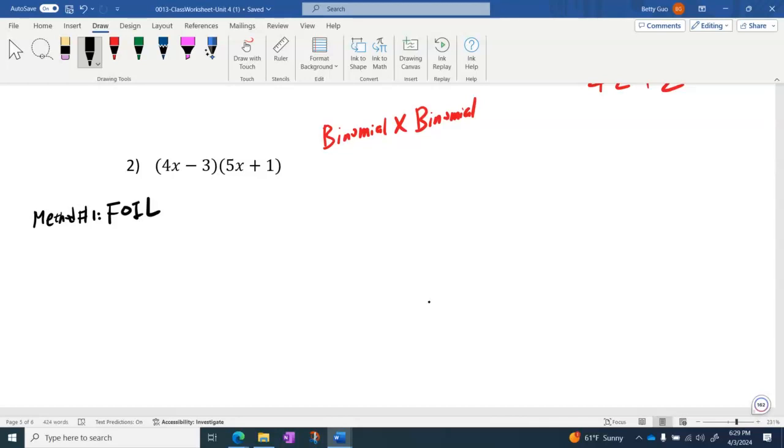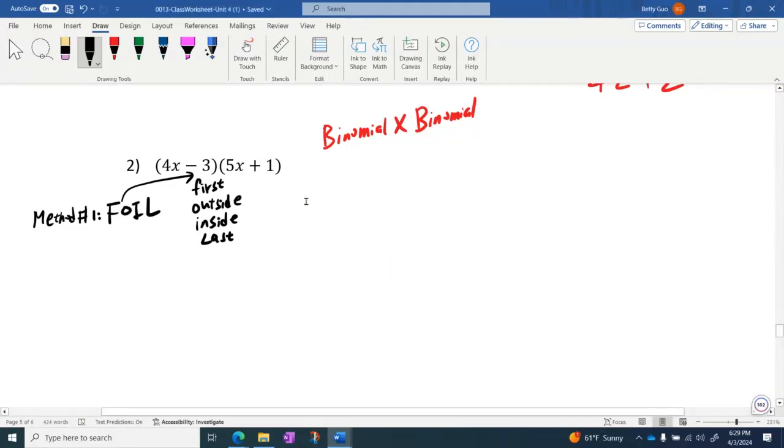F stands for first, O stands for outside, I stands for inside, L stands for last. FOIL is the initials of the 4 words. Let me explain how we apply this technique to multiply two binomials.